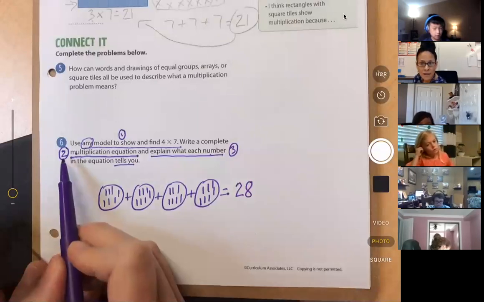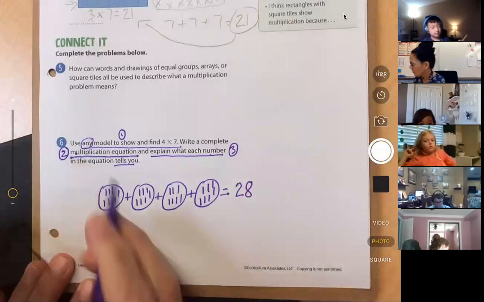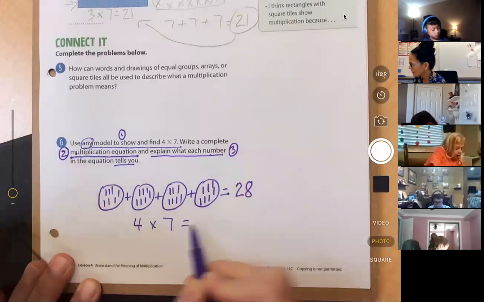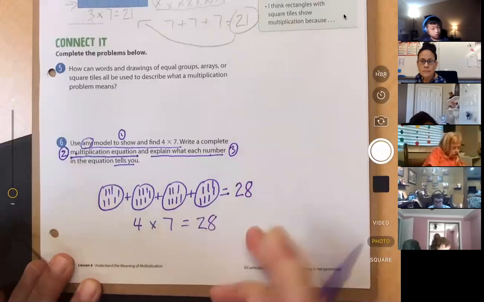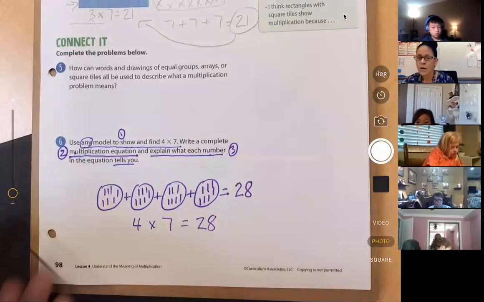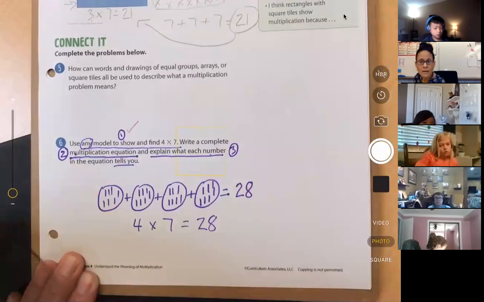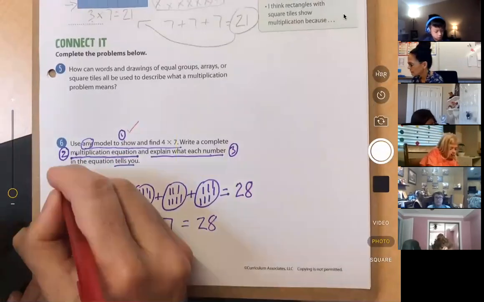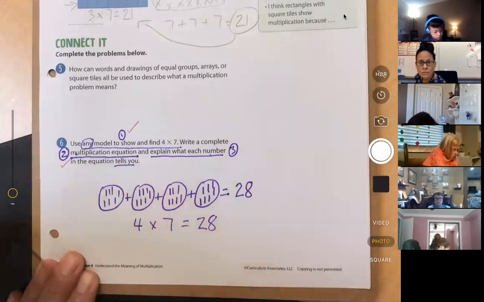I need a multiplication equation. 4 times 7 equals 28. Awesome. So I have addressed our question 1. I have addressed our question 2.